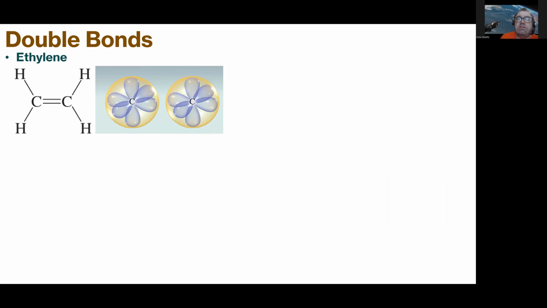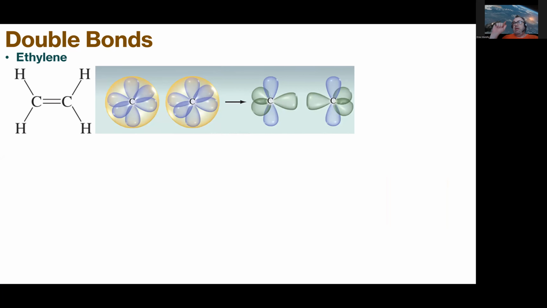Okay. So let's look at ethylene. Ethylene looks like this. Remember, we drew this before, and we did the VSEPR theory and said that both of those carbons are trigonal planar because they have three electron groups. Because they have three electron groups, we know those carbons are hybridized as sp2.